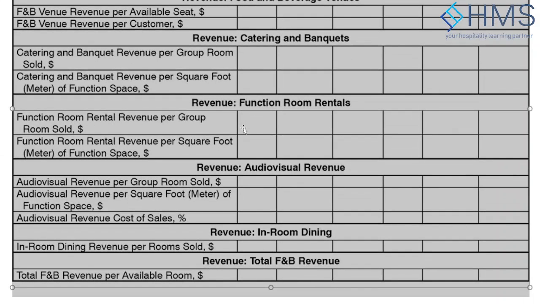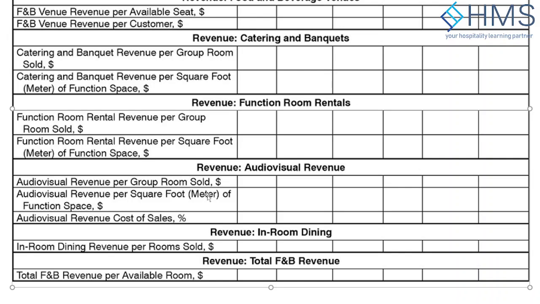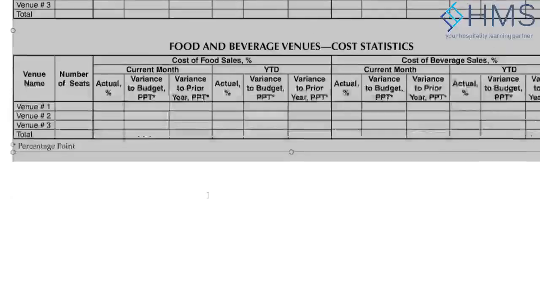And also we have the revenue per available seat and per square foot. Hotels usually do not measure that, but these are important metrics from the asset management point of view, that we are maximizing every single footage in our hotel. So that's an important definition.